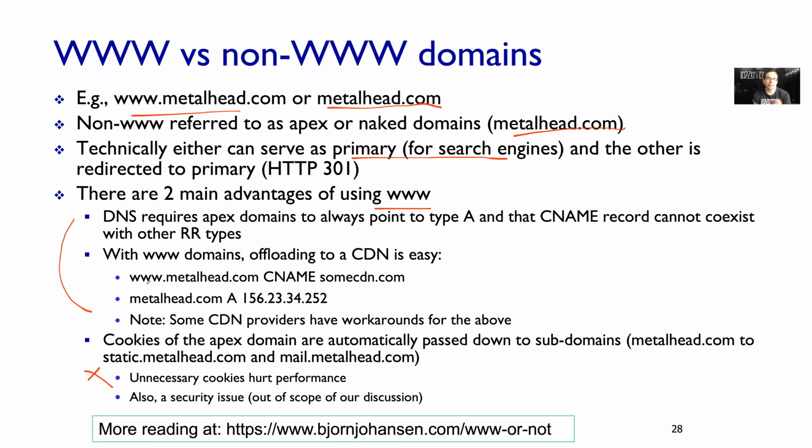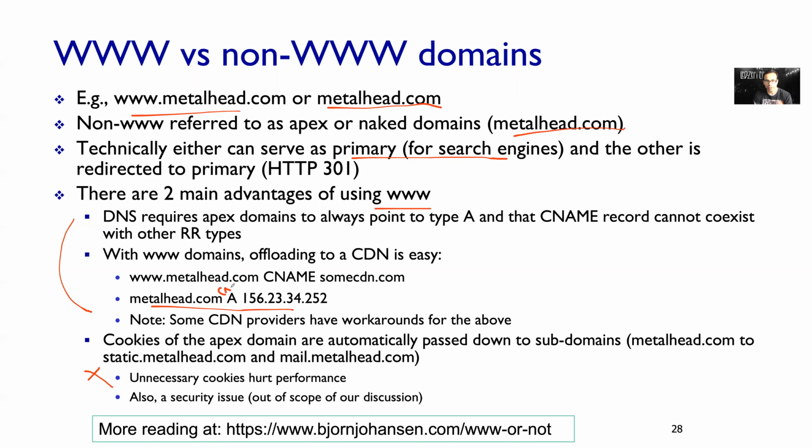requirement is that when you're creating Apex domains, right? And if you want, say, to create a type A record for an Apex domain, the rule is that you cannot have a CNAME record for any particular Apex domain. So an Apex domain must always be a type A record. So you cannot have metalhead.com CNAME.